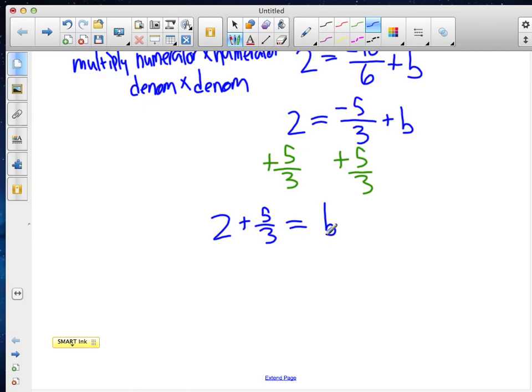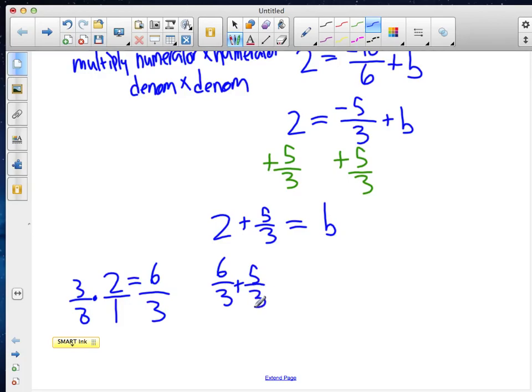But 2 is in fact the same as, because we want it to have a denominator of 3, we're going to multiply 2 over 1 by 3 over 3. 3 times 2 is 6. And 3 times 1 is 3. So this is 6/3 plus 5/3.